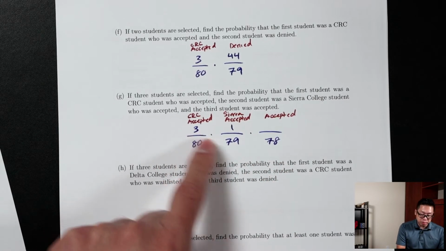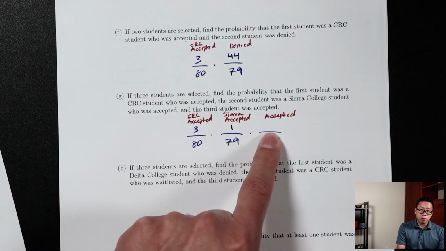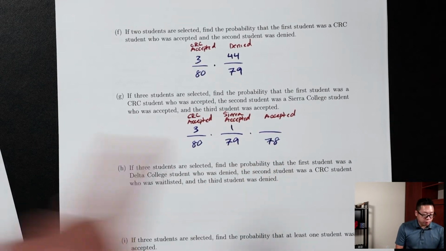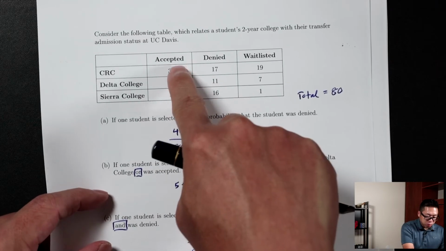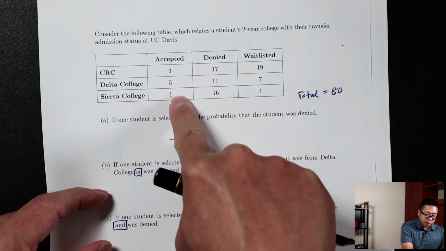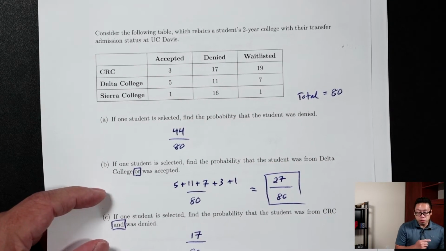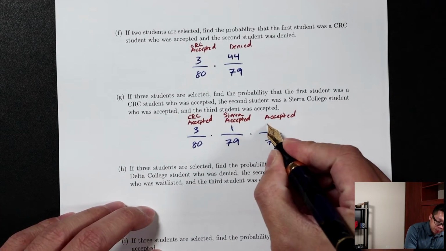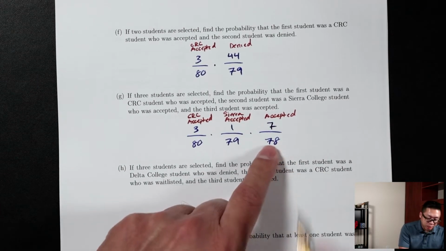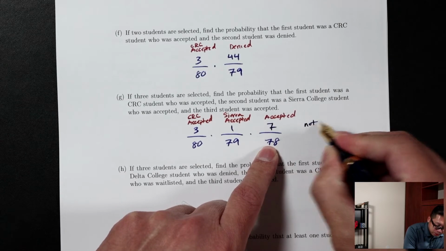The first student was accepted, the second student was accepted. So we've used 2 accepted already, which means we have to reduce by 2. So the total was 3, 5, 1, that's 9. We have to reduce by 2. So this is going to be 7. Make sure you understand why it's 7 and not 9.